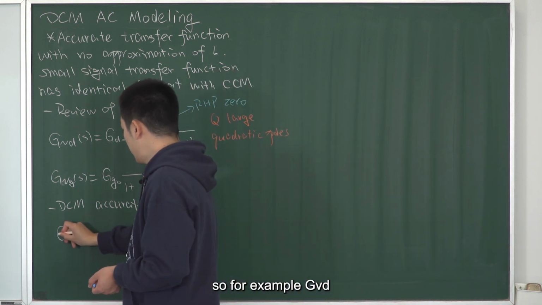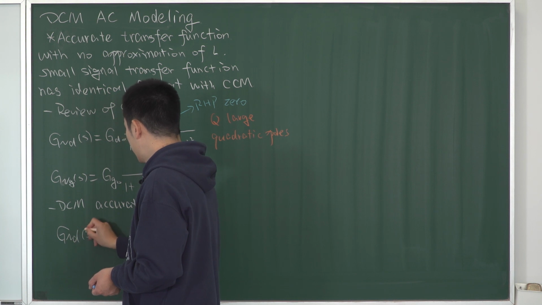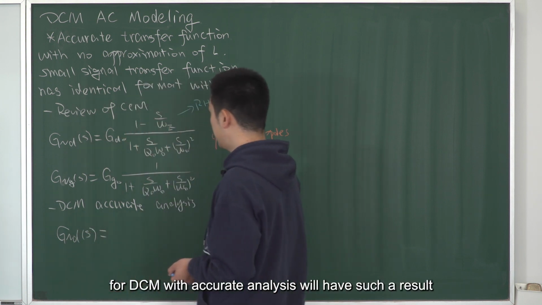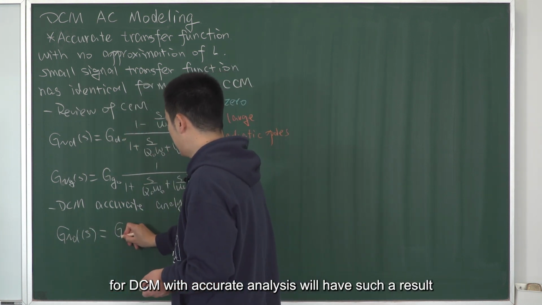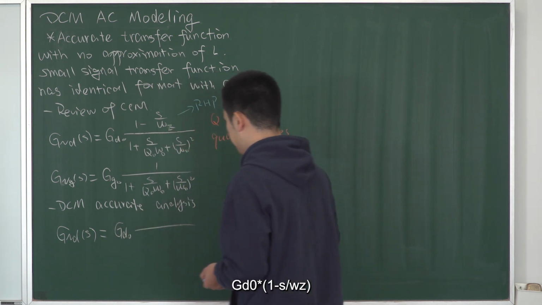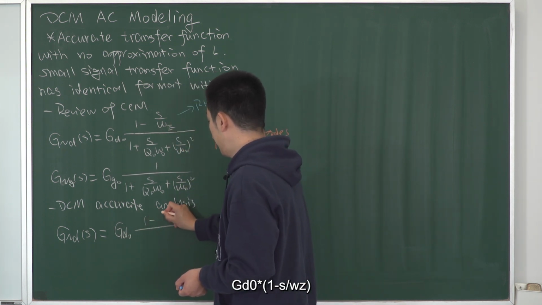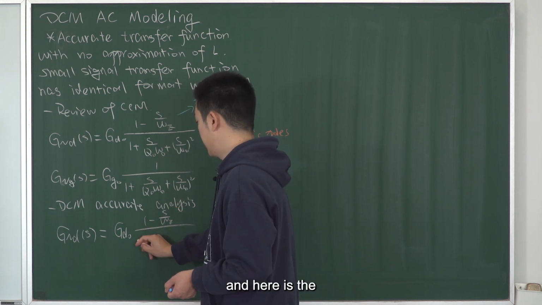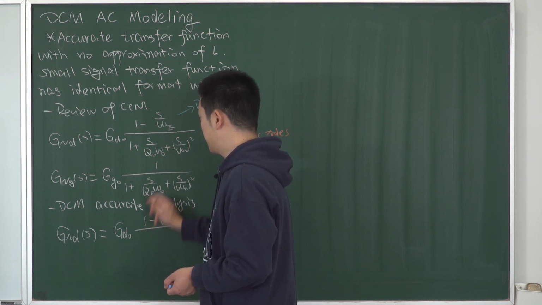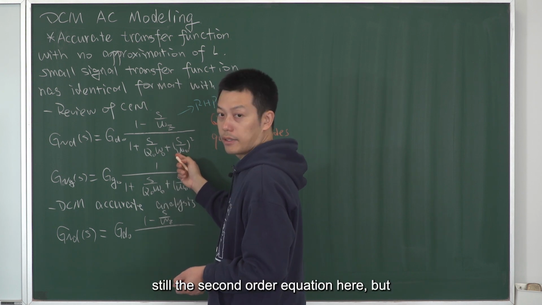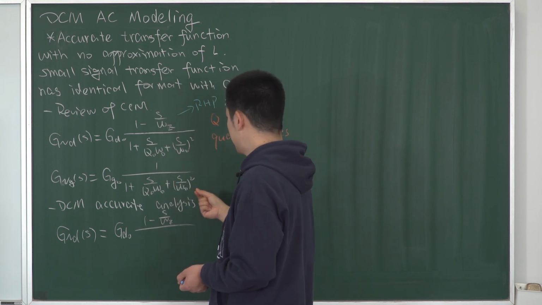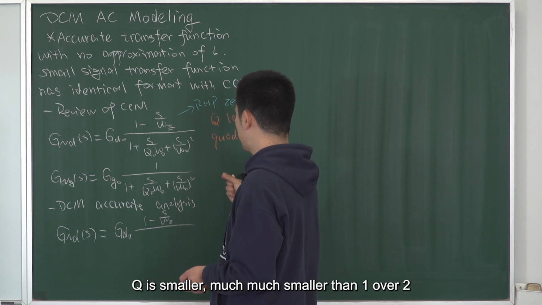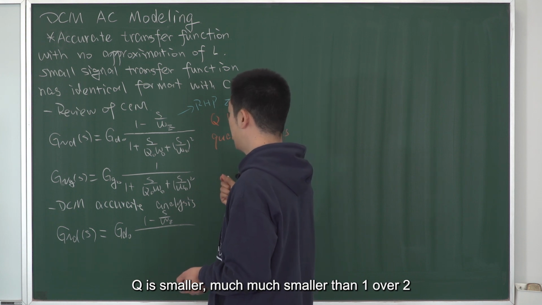So for example, GVD for DCM with accurate analysis will have such a result, GD0 times 1 over S over omega Z. And here is still the second order equation, but Q is smaller, right? Much, much smaller than 1 over 2.